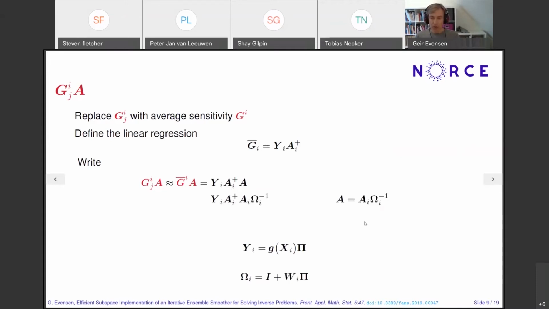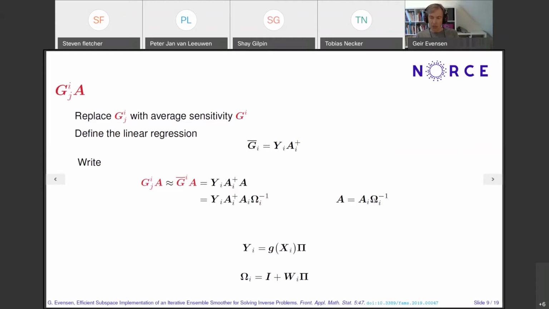However, what we can show is that we can represent these initial ensemble anomalies by this deconditioning, where you take the ensemble anomalies at time i and propagate them backwards to the initial time. So basically A is equal to A_i times omega to the minus 1.